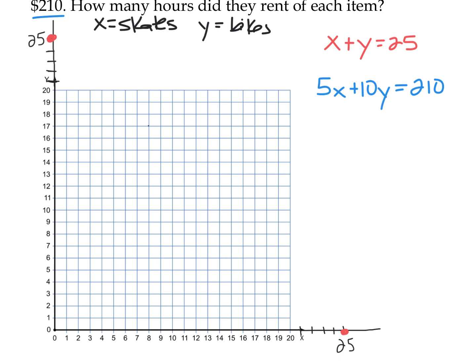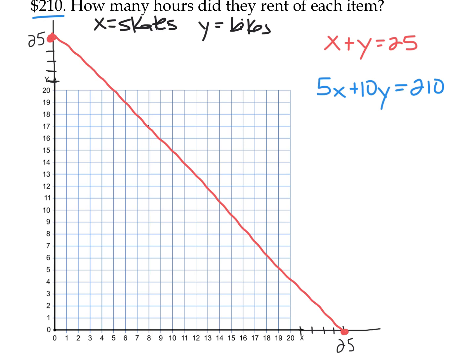It's not always going to be that the intercepts are the same; in this case, they happen to be. And now I want to draw a line between those two intercepts. So I've drawn a line using the intercepts, right? You can plug a 0 in for one variable to find the other intercept. Plug a 0 in for x, find the y-intercept; a 0 in for y, find the x-intercept.